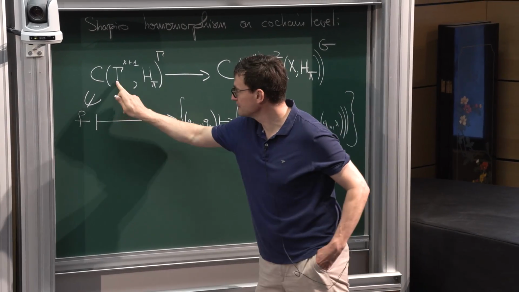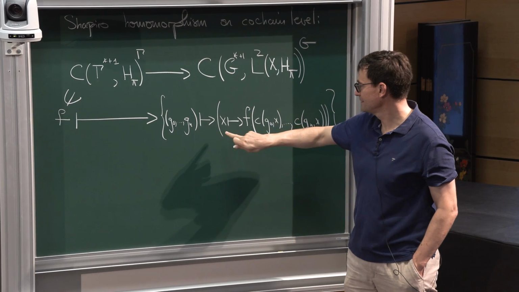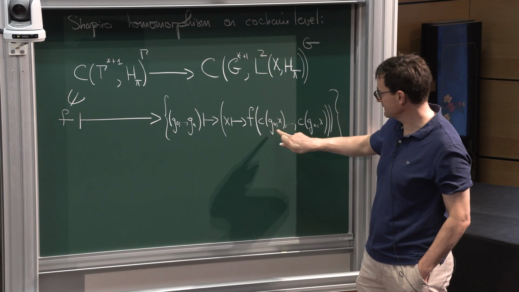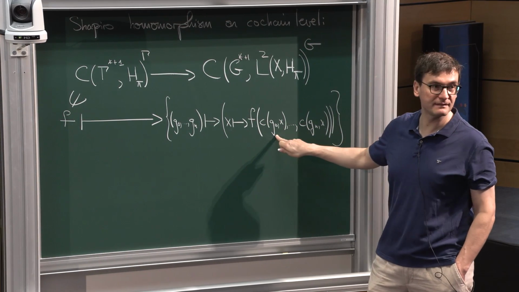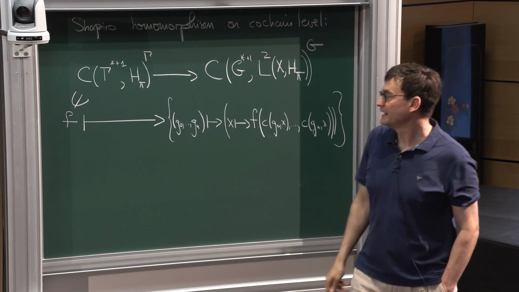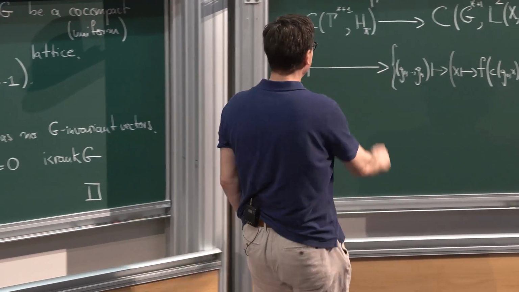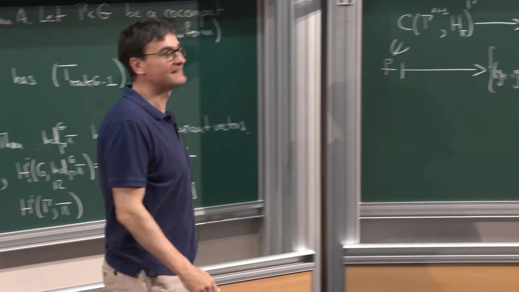So F is a map on tuples of elements of gamma, and you map this to an L2 function. And what's the L2 function? Well, you plug in this. Each z(g_i, x) gives you an element in gamma, which you can plug into F. Now there's something to check, and it's annoying to check that this respects the equivariance.